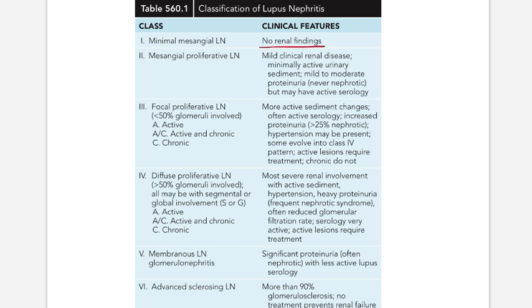Second, mesangial proliferative lupus nephritis, type 2. This is mild renal disease with minimally active urinary sediment, mild to moderate proteinuria, but may have active serology. This is very important.